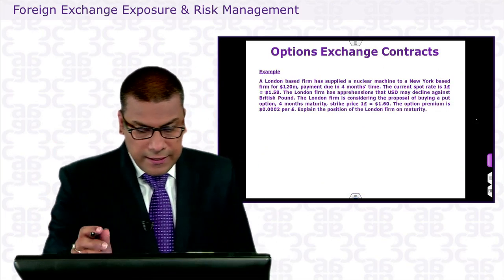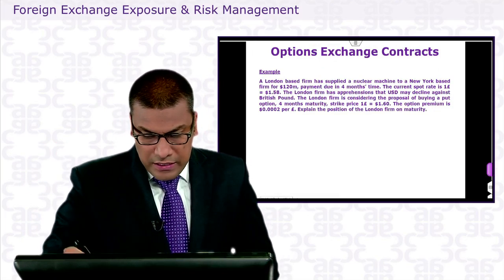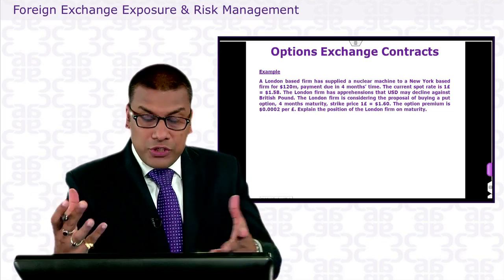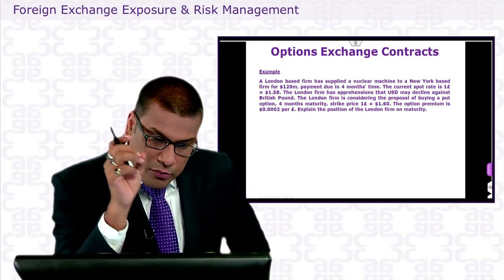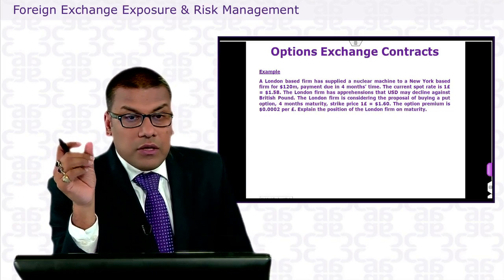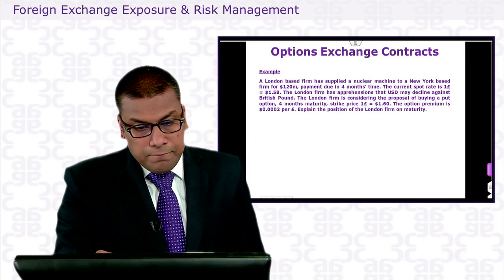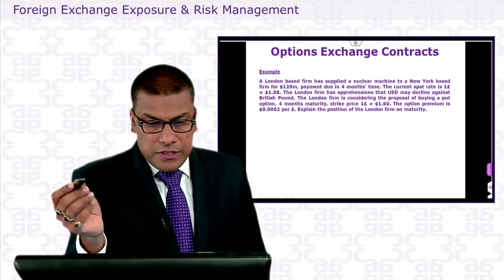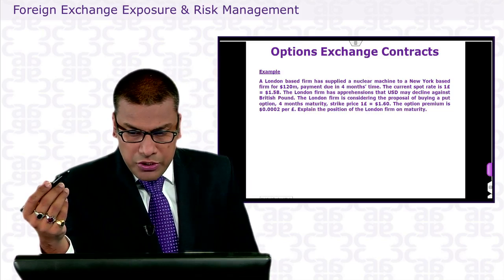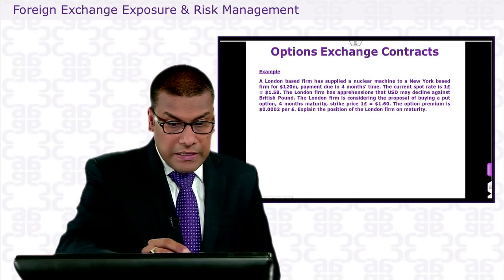So let's try and take one illustration. Again, the illustration is predominantly from the point of application of such products, not to go about understanding what we already have discussed when we talked of derivatives. So let's try and see this example, that there is a London based firm which is supplying a nuclear machine to a New York based firm for $120 million.